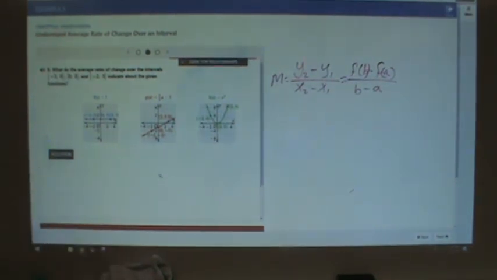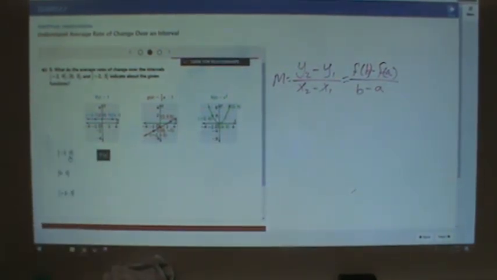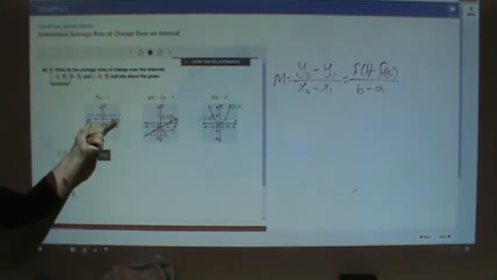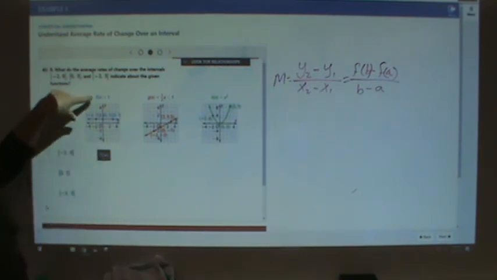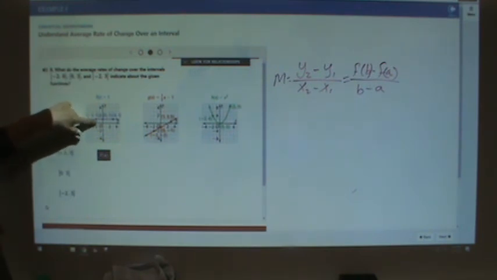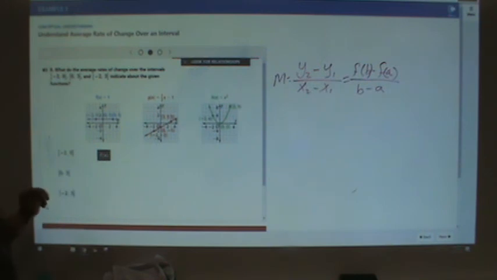All right, go ahead and hit the solution. Okay, what they want to know is the average rate of change for these. Here, this right here would be at 0. So if f of x is equal to 1, the average rate of change on this one would be 1. So between -2 and 0, it would still be 1.